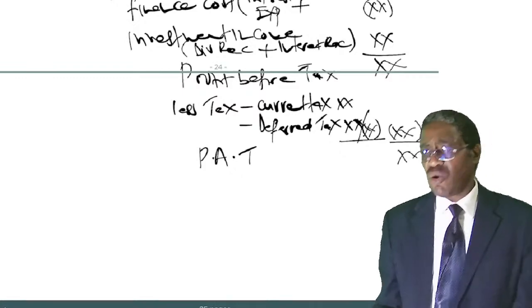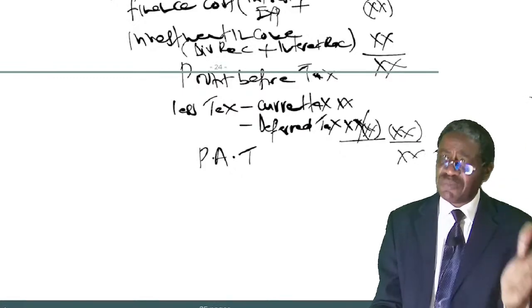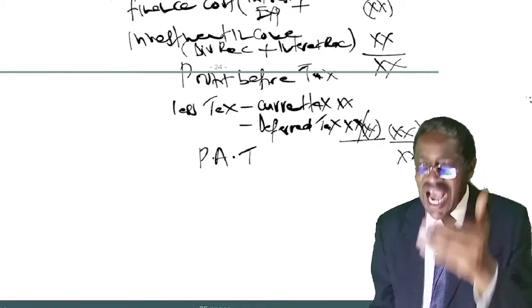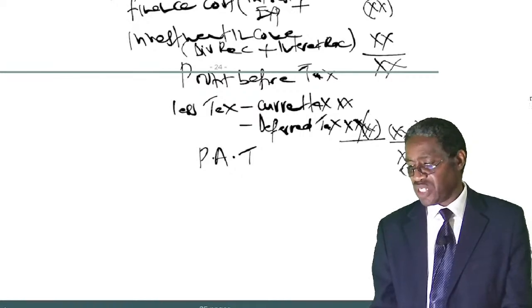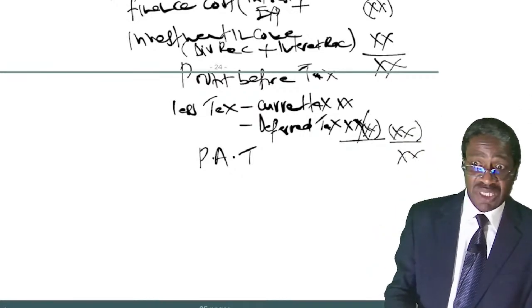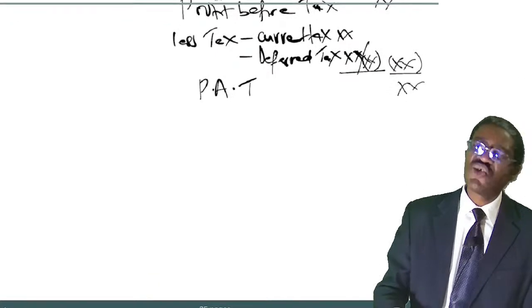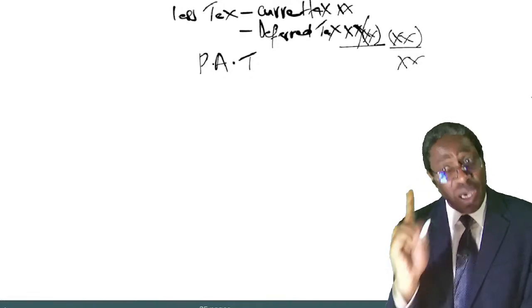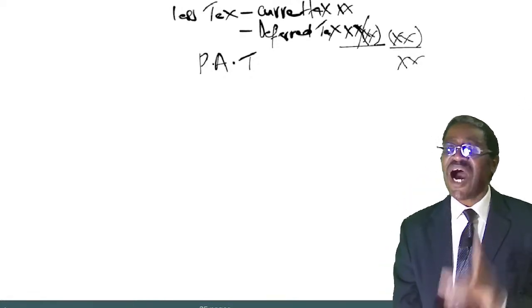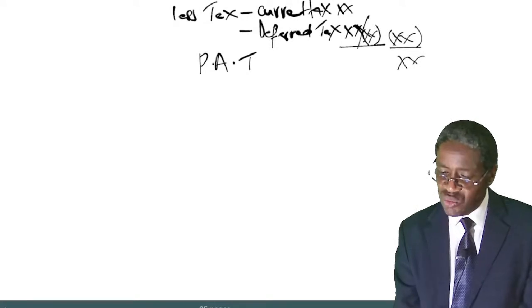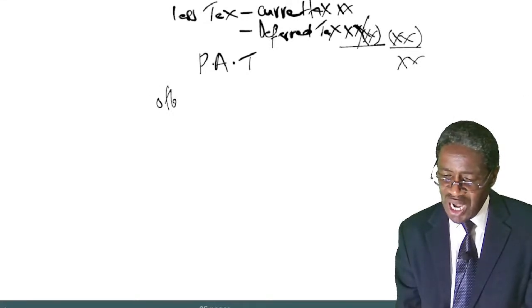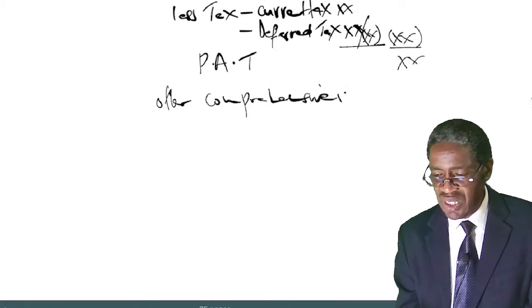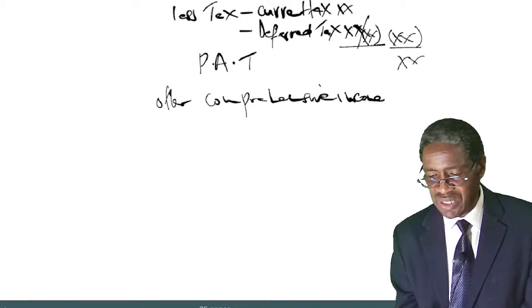But you may be required to prepare what we are calling the statement of profit or loss and other comprehensive income. So once you get this profit after tax, if your company has other comprehensive income, that's when you bring in other comprehensive income.